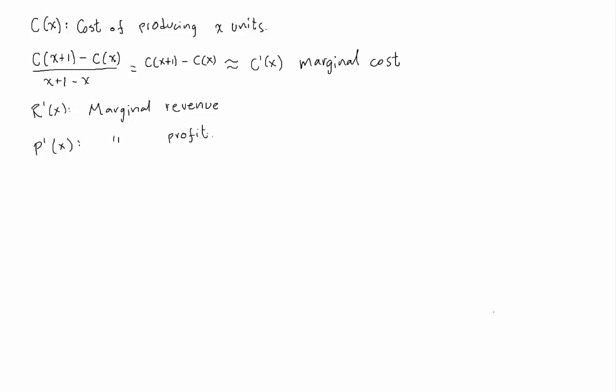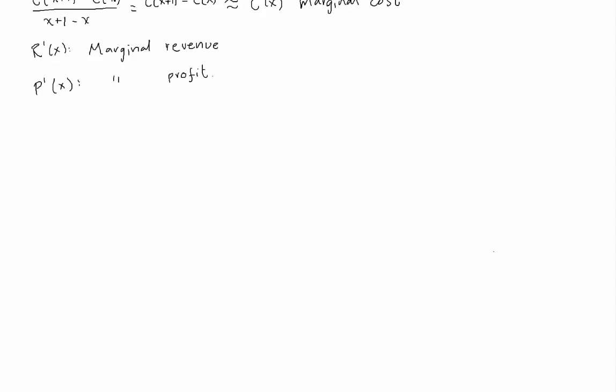So let's do a little example and see how this works. Let's assume we're given a revenue function in terms of x, something like 100x minus x squared. So this is just a parabola and has intercepts 0 and 100.